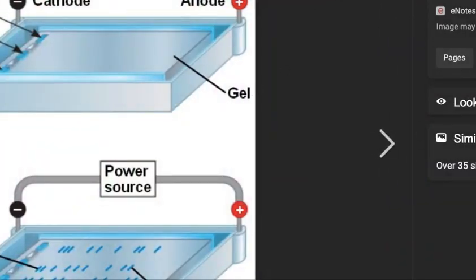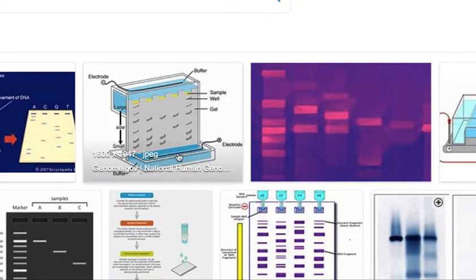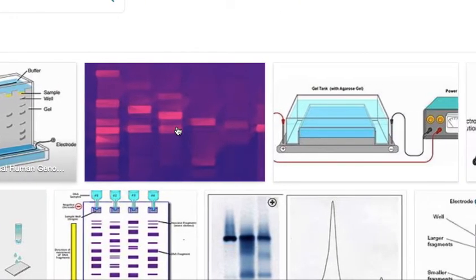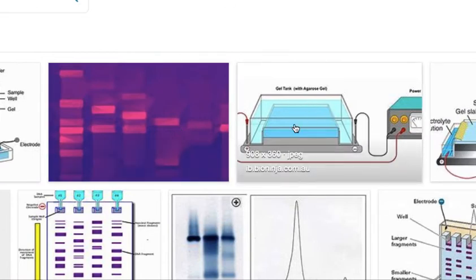Now, to tell you more about electrophoresis, you can see, for example, this one. Again, they are showing you a gel tank here, and they are going to pass the current, with anode and cathode.